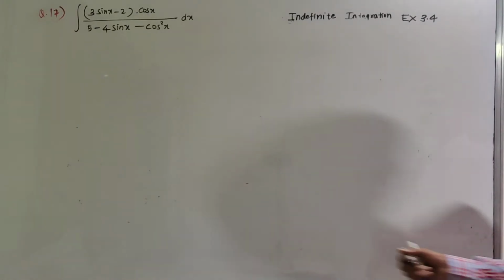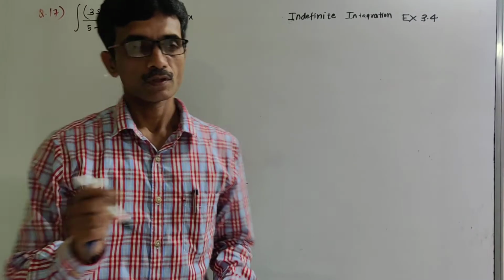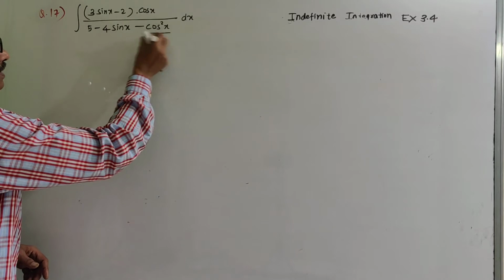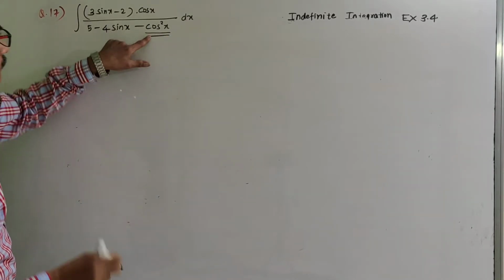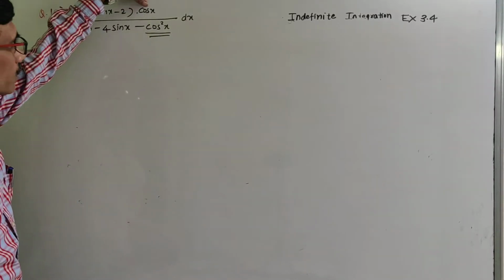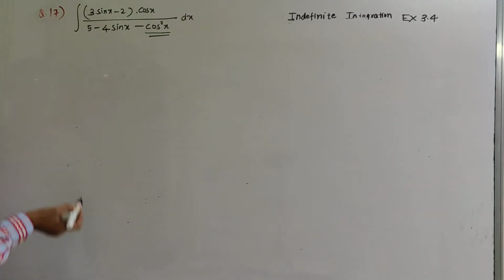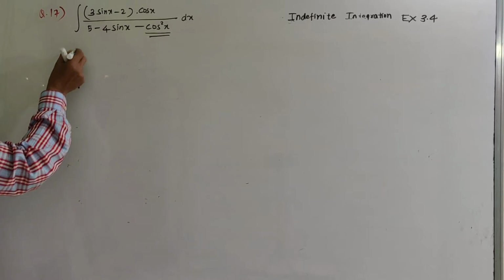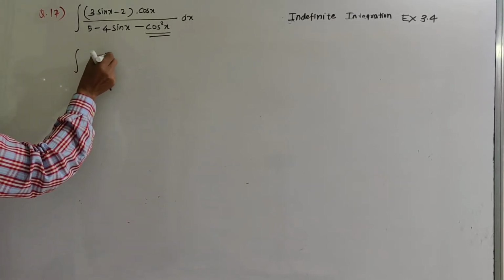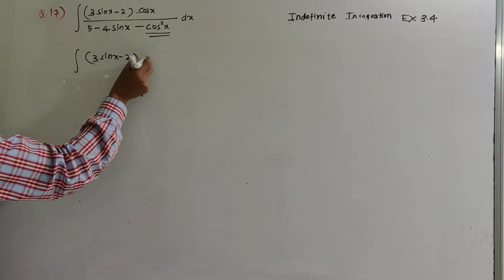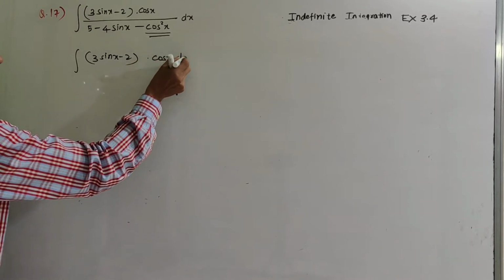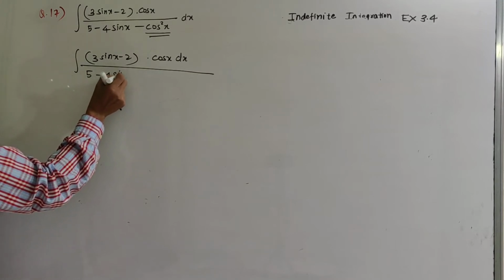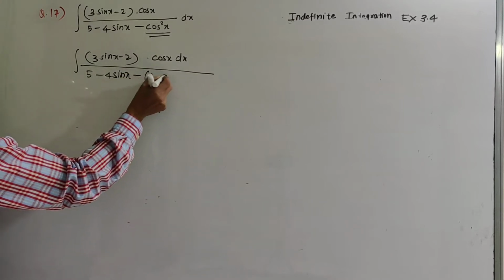Question number 17, here there is a substitution. This we can express in terms of sin x, so if you put sin x is equal to t, here we have cos x dx. So first we express in terms of sin x, so it is 3 sin x minus 2 into cos x dx upon denominator 5 minus 4 sin x minus 1 minus sin square x.